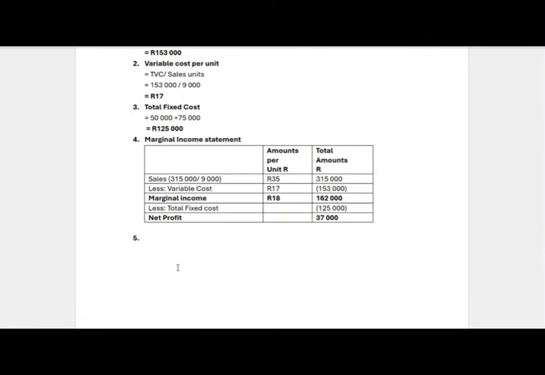They say to you, calculate break-even point in volume or units. All right, break-even point in volume or units. So how do you calculate break-even point in units?